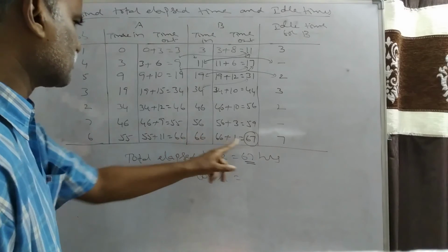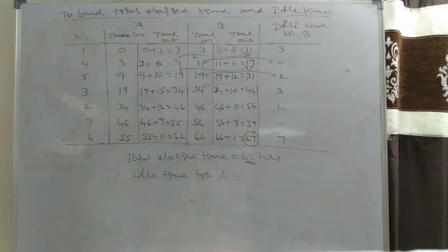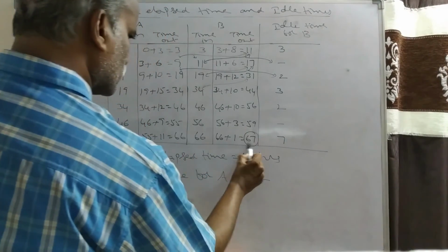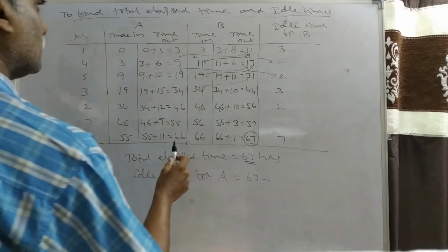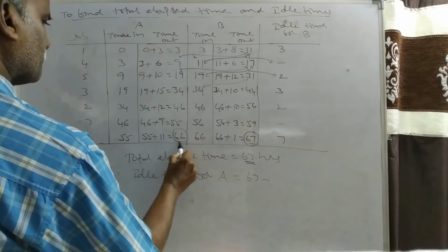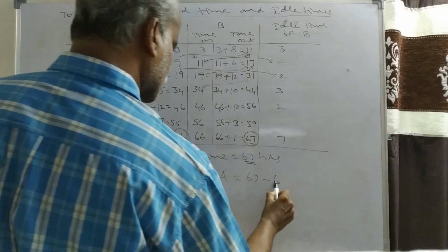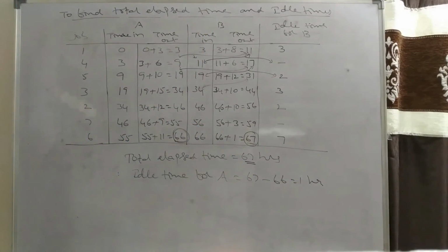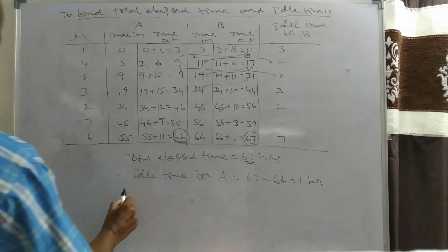So from 66 hours to 67 hours, the machine A is idle. There is no job to process through machine A. So this is the idle time for machine A: 67, total elapsed time, minus 66, the time when the last job completed on machine A. That is 1 hour. So idle time for A is 1 hour.